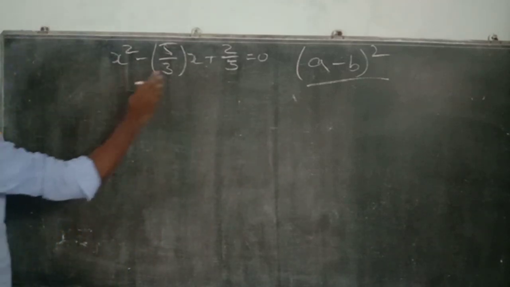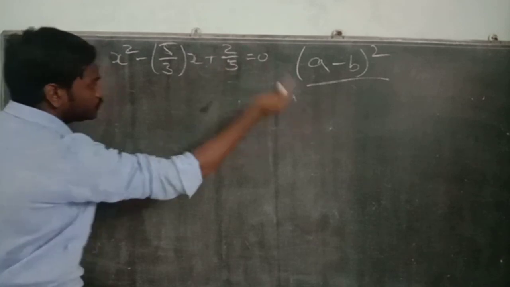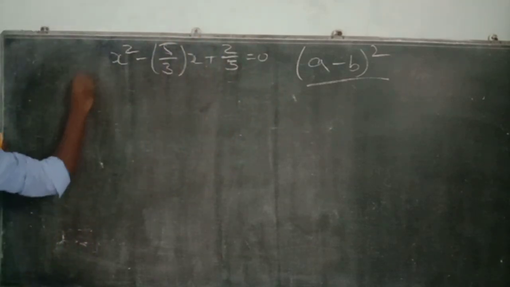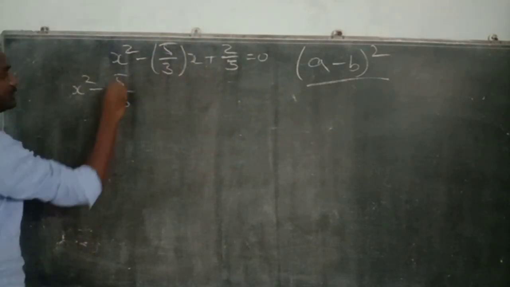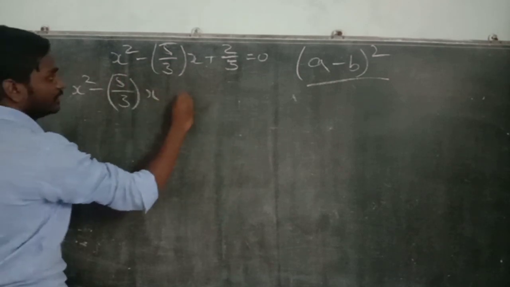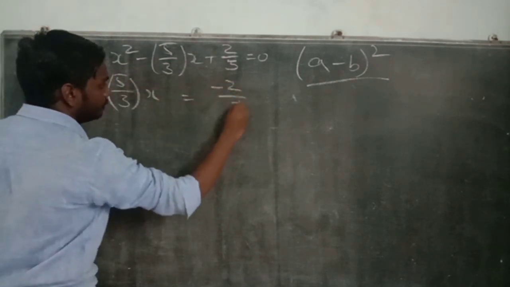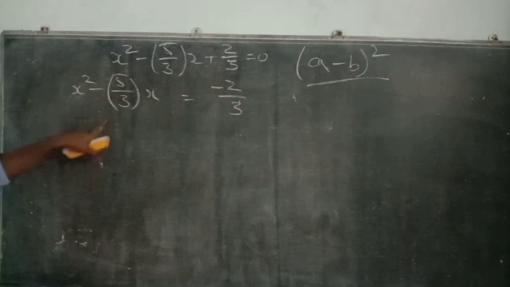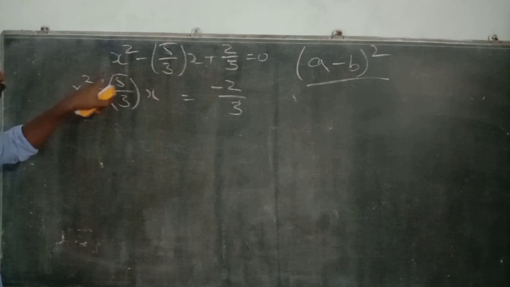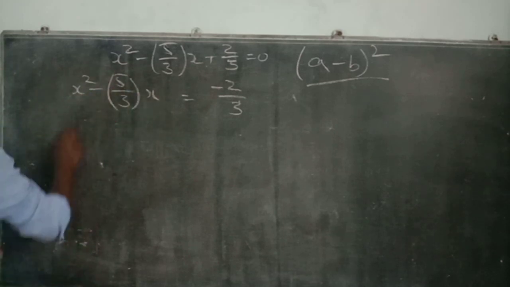Now let me take this 2 by 3 to the RHS side. We get x square minus 5 by 3x, that is equal to minus 2 by 3. Okay. Now this has to be as 2 into a into b.